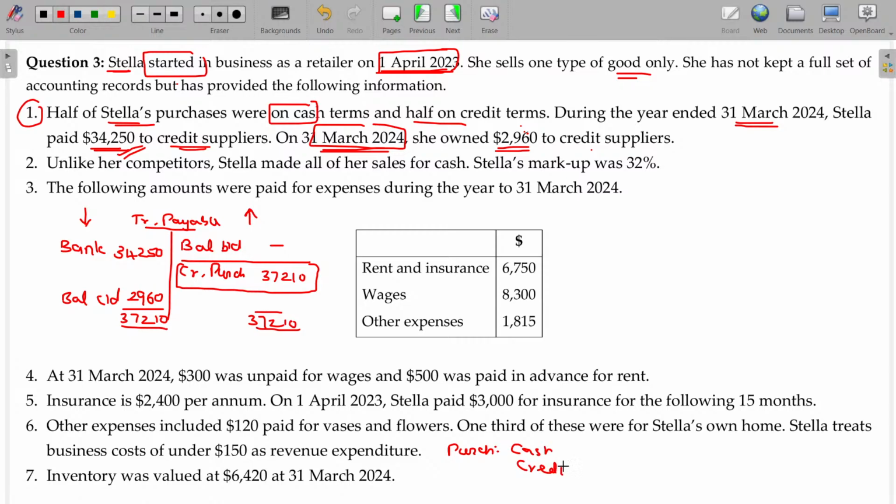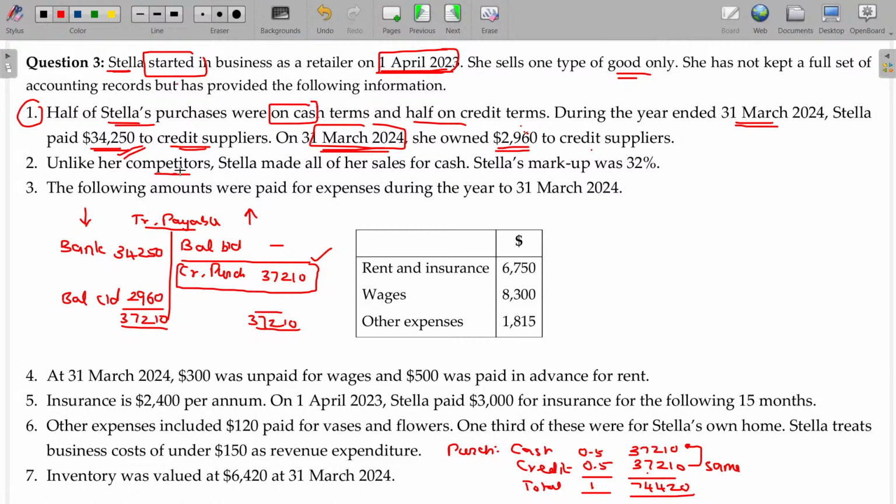If the total purchase is 1, cash purchase is half and credit purchase is also half. Credit purchase we found out by working this trade payables account separately. We can now find out the total purchase also. Half being 37,210 means the other half, cash, should also be 37,210. If you add these two, you get the total purchases, which in this case is 74,420.